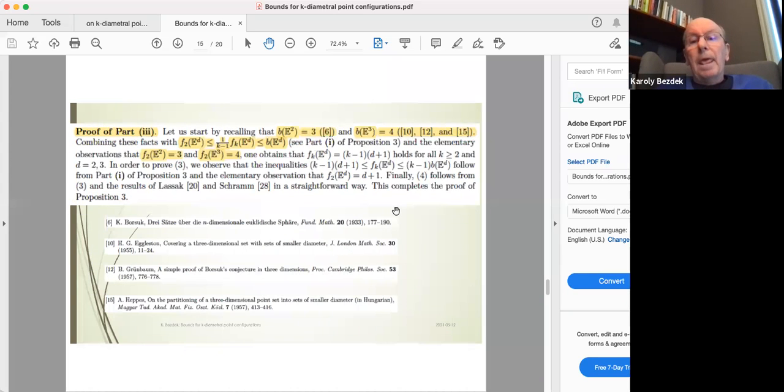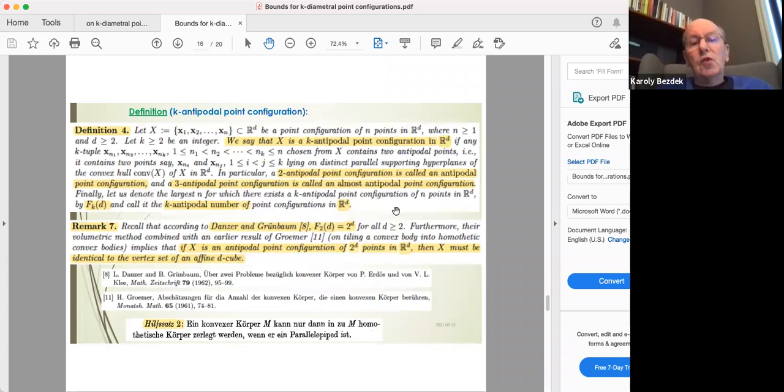After this, let me show you how I go about finding the analog of Petty's theorem for k-diametral point configurations. The missing part is this here. We need to introduce the notion of k-antipodal point configuration. This is done in a way very similar to the definition of k-diametral point configuration.